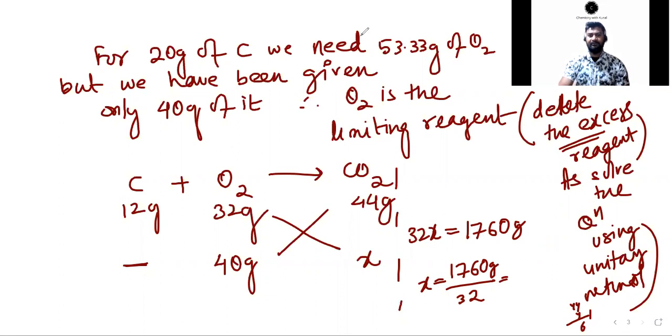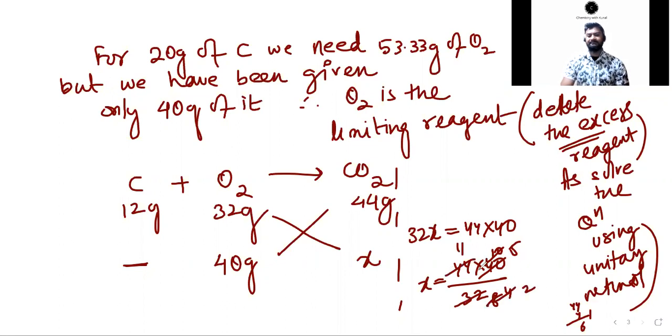Or we can just keep it as 44 into 40 by 32, which will help in calculation. So this will cancel by 10, this will be cancelled by 8, this will get cancelled by 5, this will get cancelled by 4, 11, 2. So it will be 55.